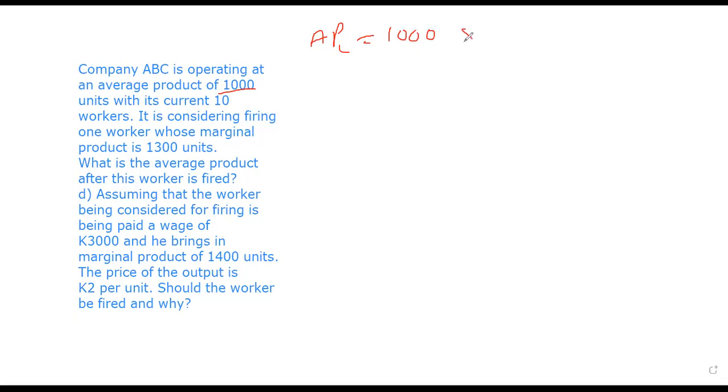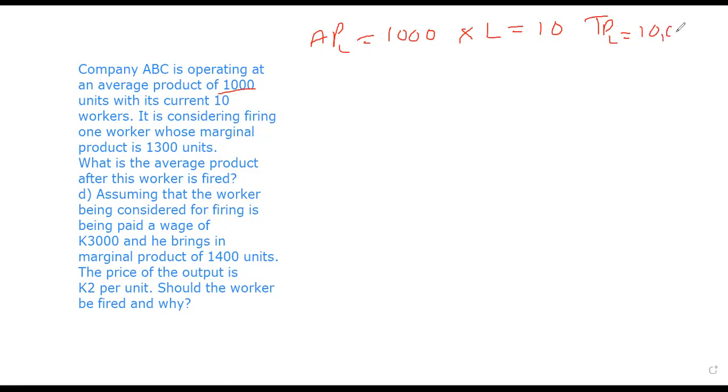So when you multiply this 1,000 times the 10 laborers, what do we call this? The total product of labor, right? So what is the total product of labor? It should be 10,000. Correct.